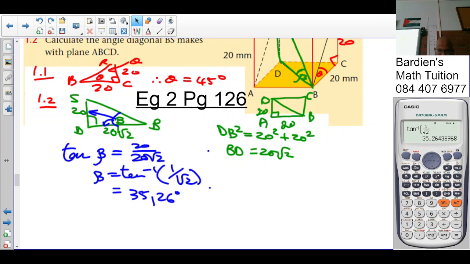I'm going to do 2 even sums here, even numbers, out of exercise 3, okay?